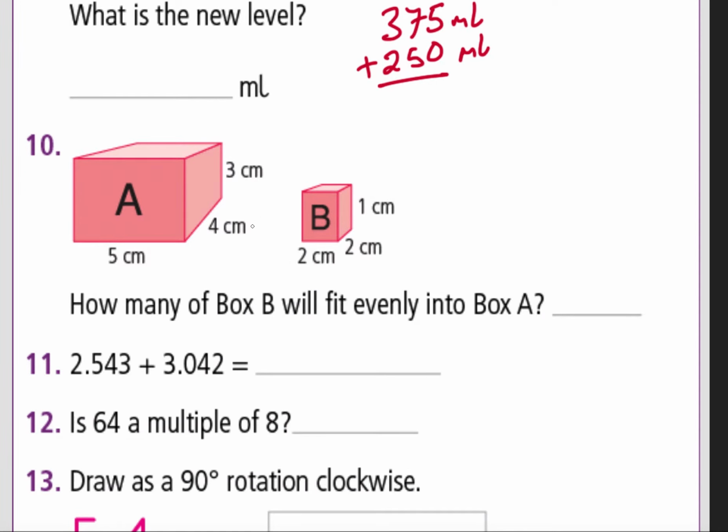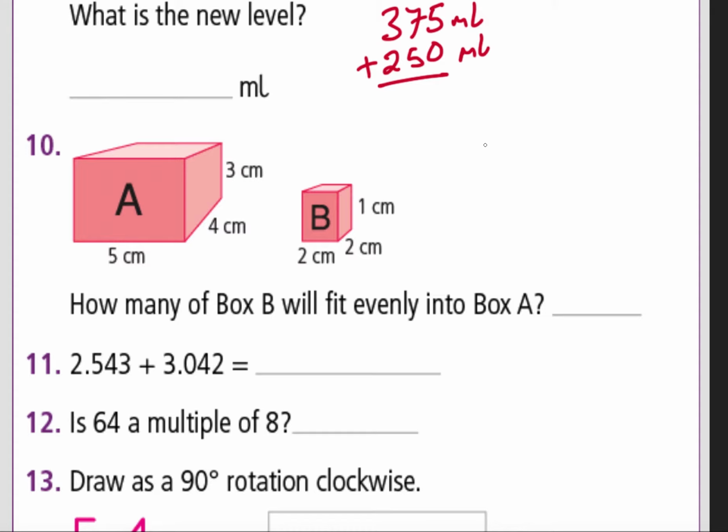Question 10, we're being asked how many times does this box B fit into box A? And the way we do that is we have to work out the volume of these boxes. How much space do they take up? And the volume is the length multiplied by the width multiplied by the height.